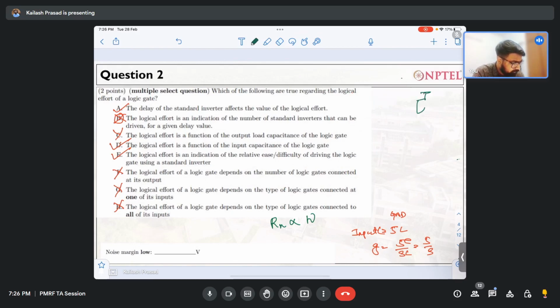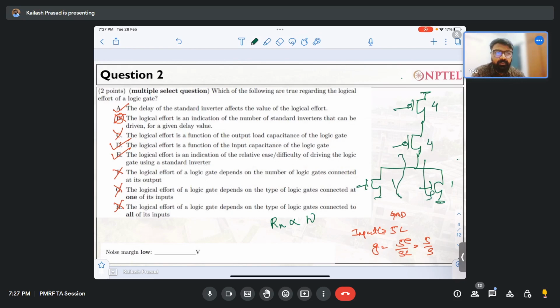So I will just redraw everything again simply. This is 4, this is 4, this is 1, 1. You have to make sure that every path has that same particular ratio. Because it can happen that if this is A and this is B, this is off.